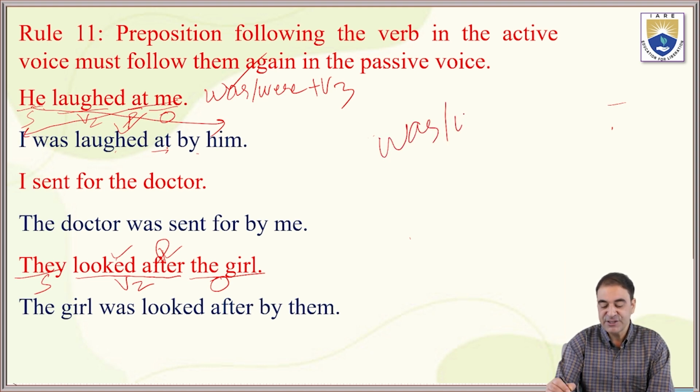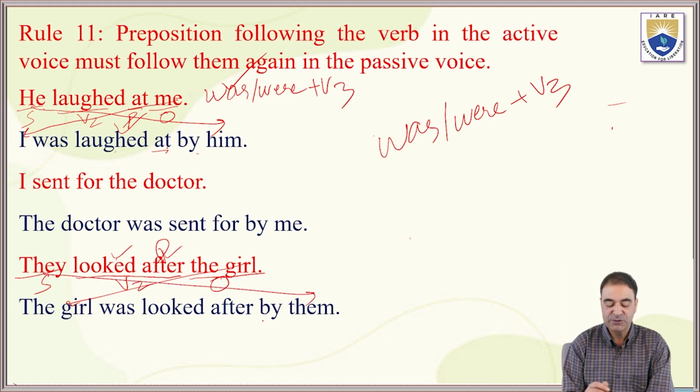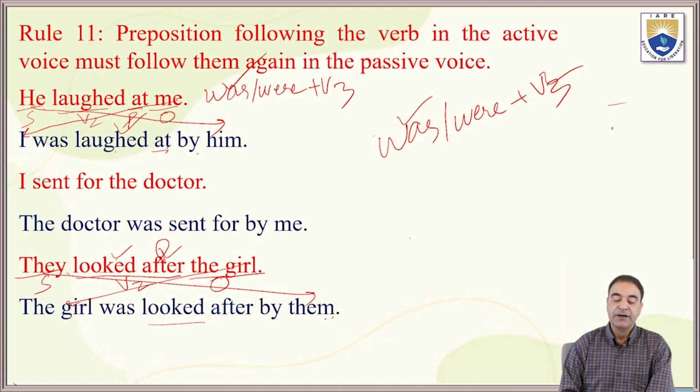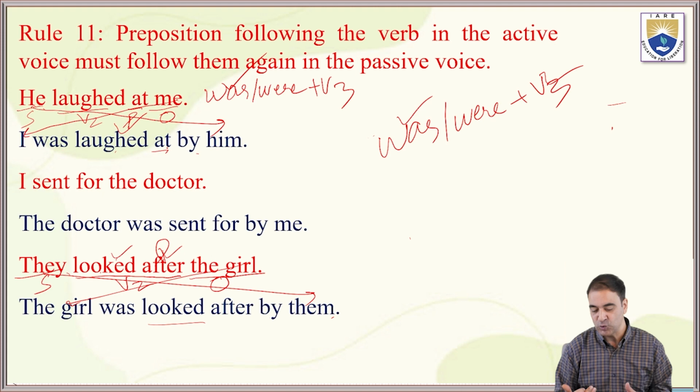Simple past again will change into was, were, plus verb in third form. "The girl" will come at the position of subject, and "they" will come at the position of object. The girl is singular, and with singular we use "was." The girl was looked, the third form is again "looked," and after it will follow "after," by them. "They" will change into "them." Remember, prepositions following the verb in the active voice must follow them again in the passive voice.